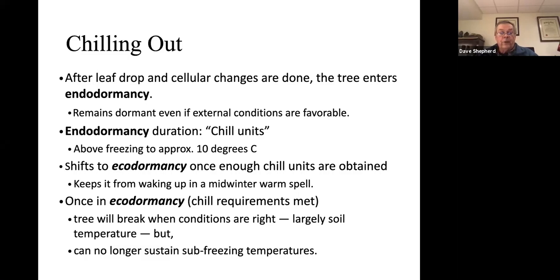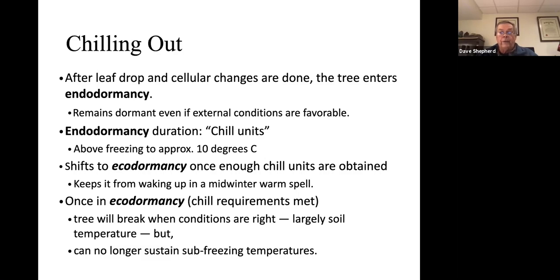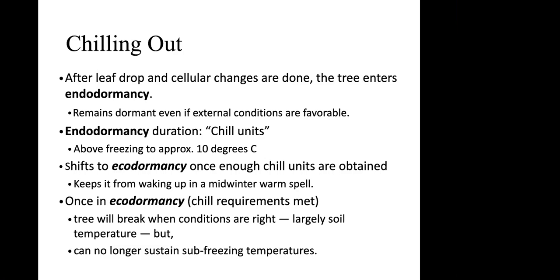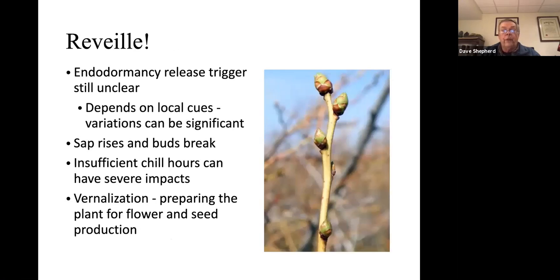And what happens there is we start to undo those cellular changes which we've done to get the tree ready for endodormancy, and we turn back on the receptor that looks at outside environmental conditions like day length and soil temperature, and we'll basically go into standby until the conditions are good for growth, at which point the tree will break dormancy and break its buds and spread its leaves and do its blooming and all that.